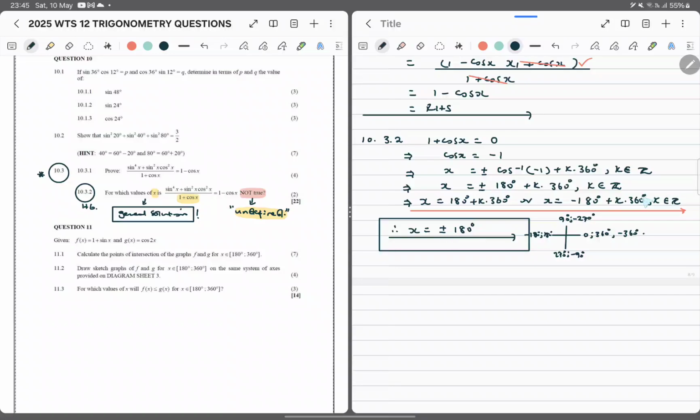But the correct one is the general solution, because it captures all those solutions that will make our identity untrue. But you can make a bit of a case here by arguing that our Cartesian plane CAST diagram is somewhat anchoring on these 2 values only, because everything else is just a repeat of these or multiples of these values.